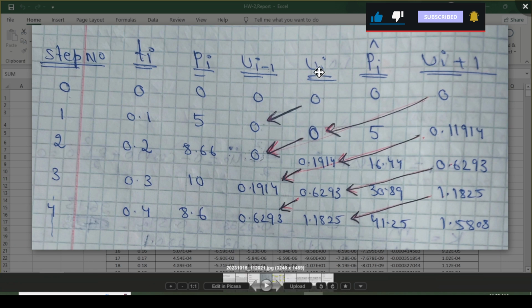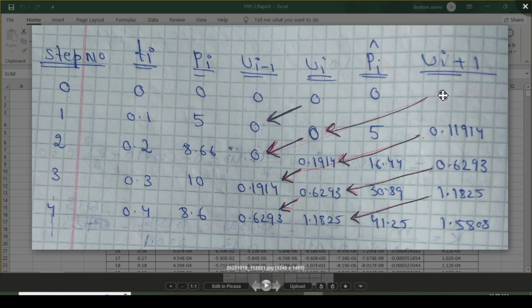We will have the U i displacement. This is U i plus 1, meaning the ith step for the displacement plus 1. This is the ith step for the displacement minus 1, which is the negative side, the downside, and this is the normal. U i minus 1 will be 0 for each and every one.